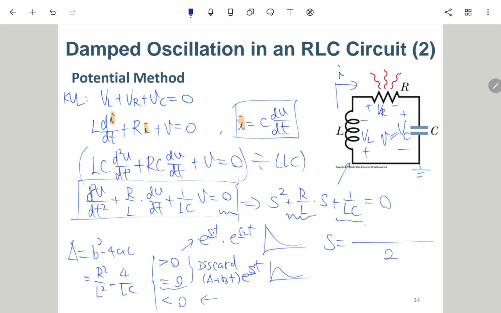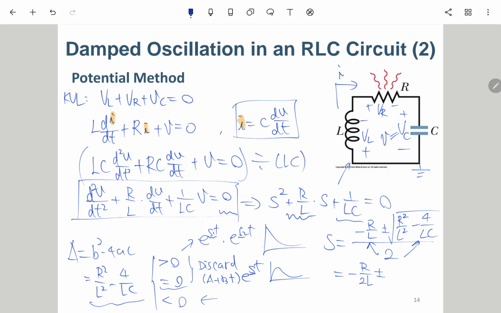2a is 2, and then we have negative b, negative R over L, and then plus or minus the square root of b squared minus 4ac, which is actually R squared over L squared minus 4 over LC. We can just put these 2 inside the square root, so that it becomes negative R over 2L, and then plus or minus.